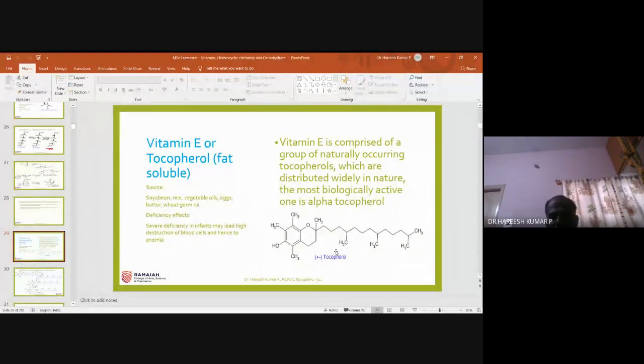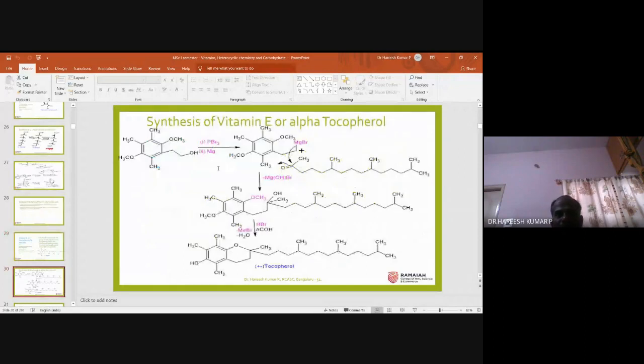Then let's look at how we can synthesize this alpha tocopherol, otherwise vitamin E. So let's look into the synthesis. Here this is one reactant.